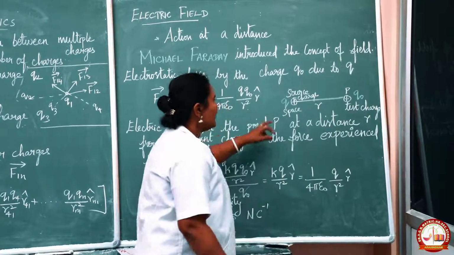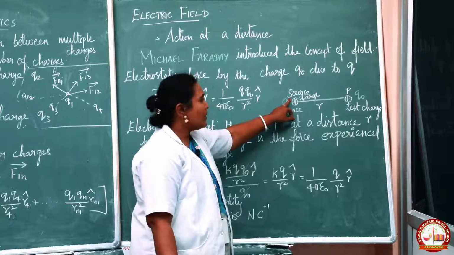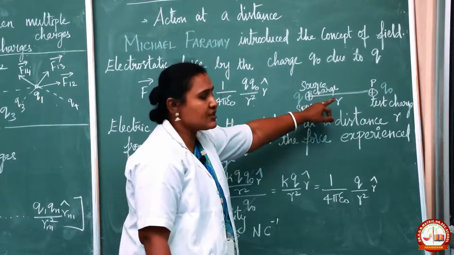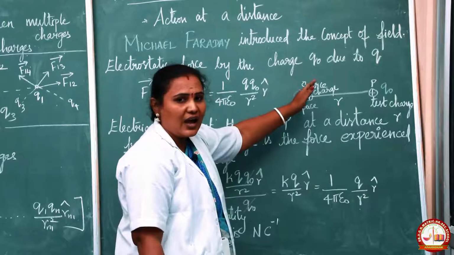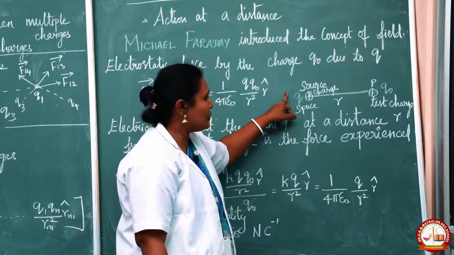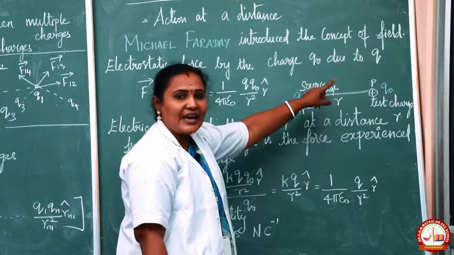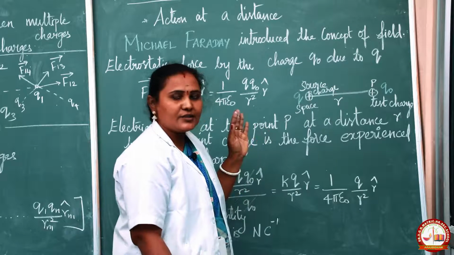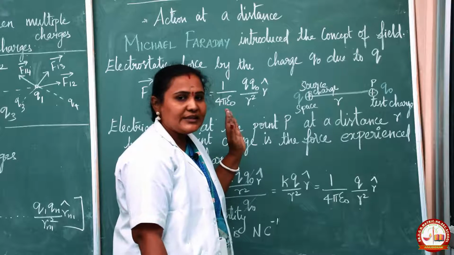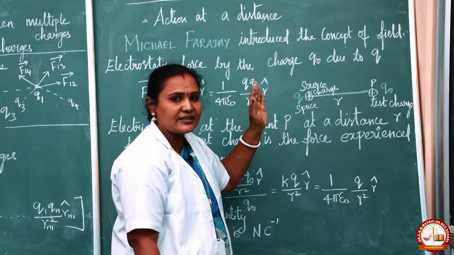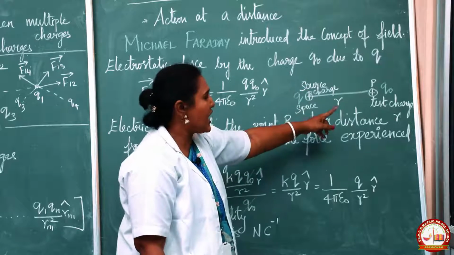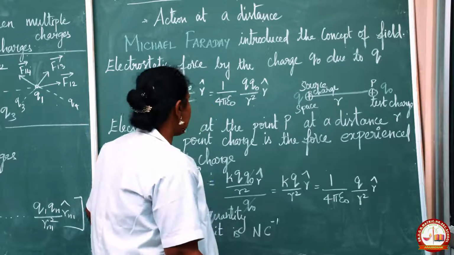Q is a source charge placed in space, and there is another charge at a distance of r from the charge Q at a point P, which we name Q naught. The source charge is Q, and the other charge placed at a distance of r is known as the test charge.